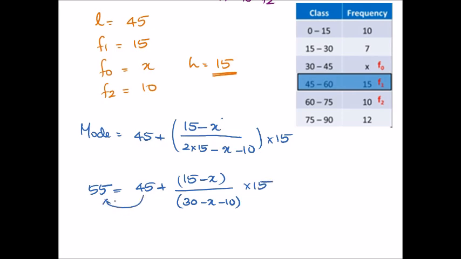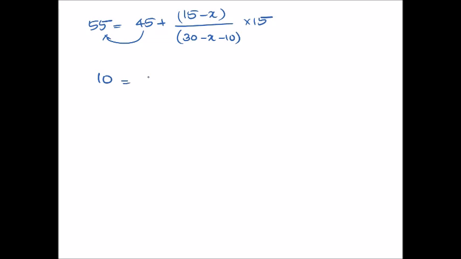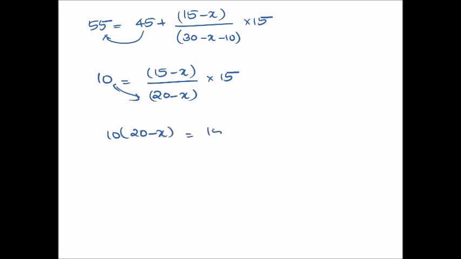Move this 45 to here. 10 is equal to (15 minus x) whole divided by (20 minus x), into 15. So 10 into (20 minus x) is equal to (15 minus x) into 15.